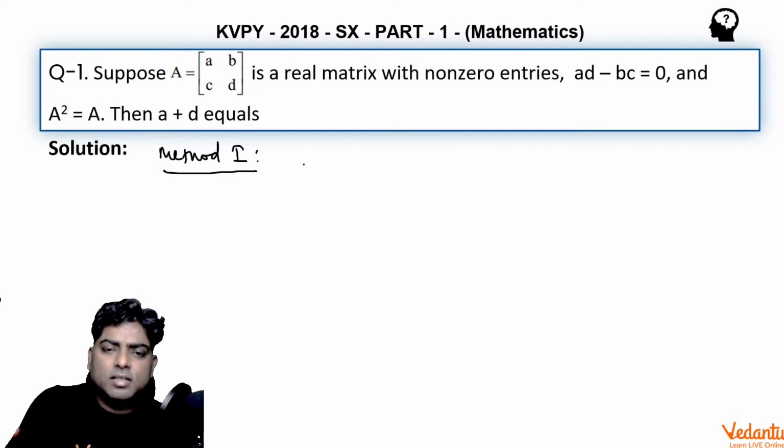I'm considering the easiest approach, just finding A square.